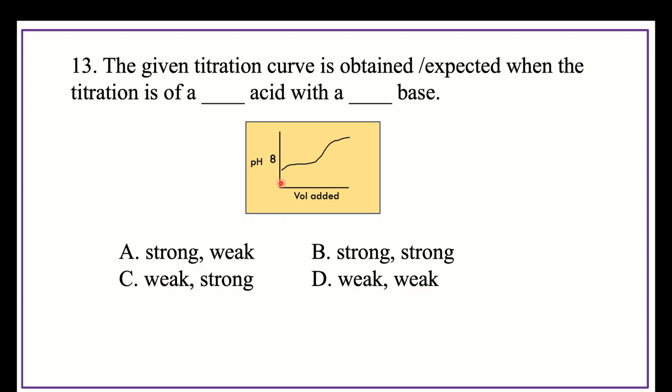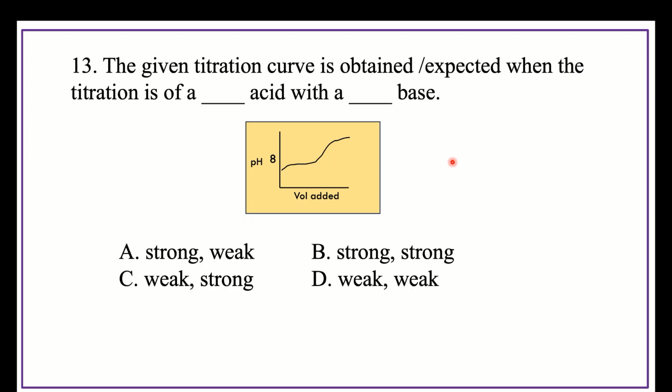Now if we move further in the graph, it shows a slope which does not show much change in the pH value. Say, for example, we are taking a weak acid, acetic acid, with a strong base. It forms a salt, CH3COONa, a basic salt, along with water.